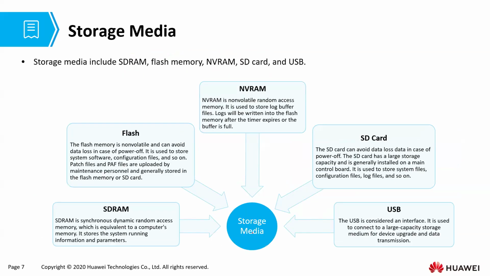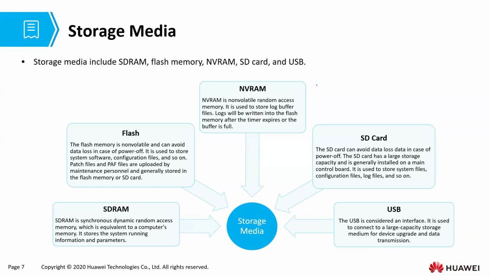Right, storage media, the different types of media we have. We have the NVRAM, which is non-volatile random access memory. Basically, this one is used to store log buffer files.